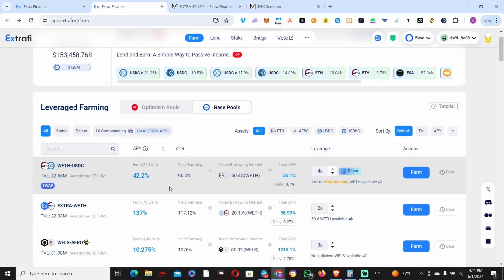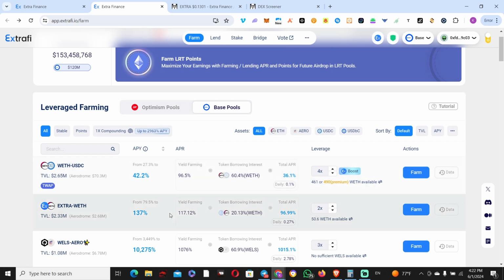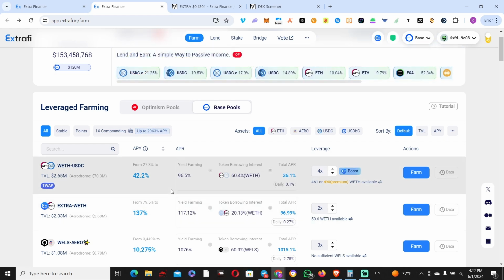But here you can increase that up to 5x, potentially 7x, in terms of leverage, meaning your capital on the underlying platform is higher, and therefore you are earning more for the same buck you're putting in. But remember, you are earning more in LPs and not in the underlying platform's native asset like Velo or Aero.